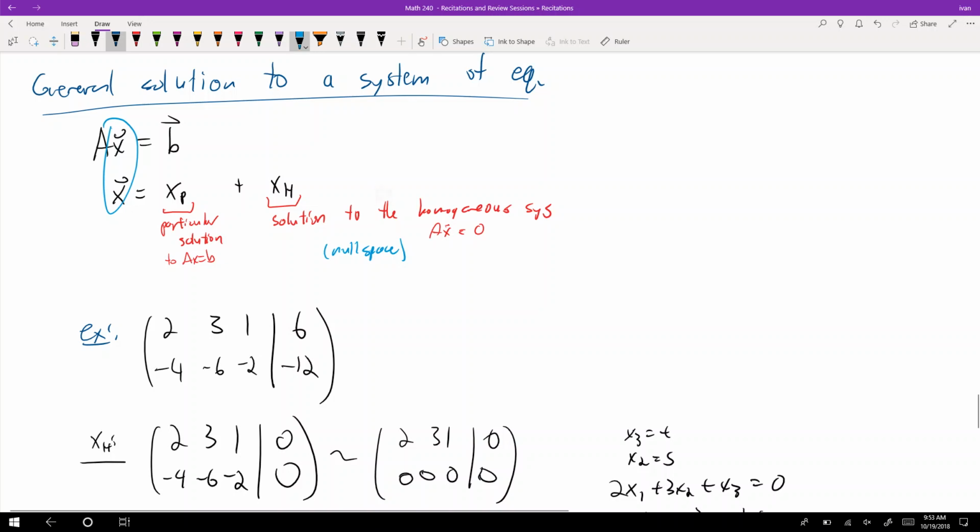I can just break up this x into an xp and an xh, in terms of the null space of a vector, right? Yes, xh is the null space. So you're telling me that this is sort of a shift? Yeah, it is. I didn't get to the geometric interpretation, but that's exactly what it is.